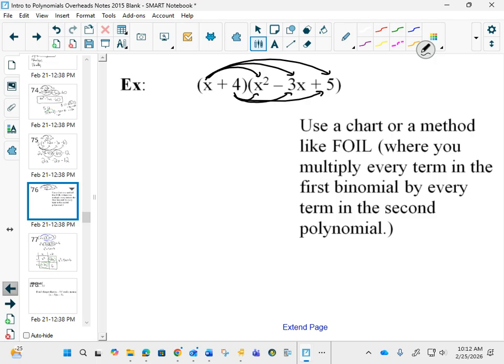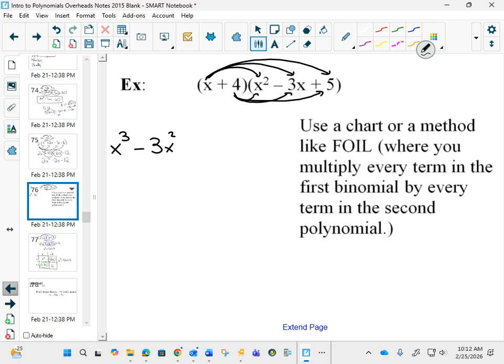So if I do arrow by arrow, x times x squared, we have to use our exponent laws, x cubed. X times negative 3, sign first, that's going to be negative. 1 times 3 is 3. X times x will be x squared.